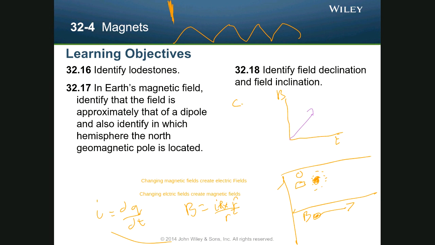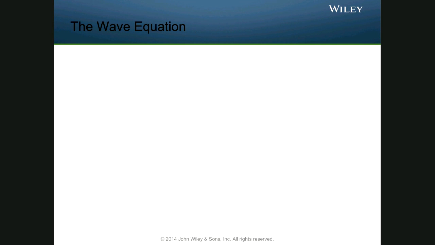Now, one of the other big results from here that we are going to use very frequently, if we go back here and look at del cross E equals minus dB/dt.